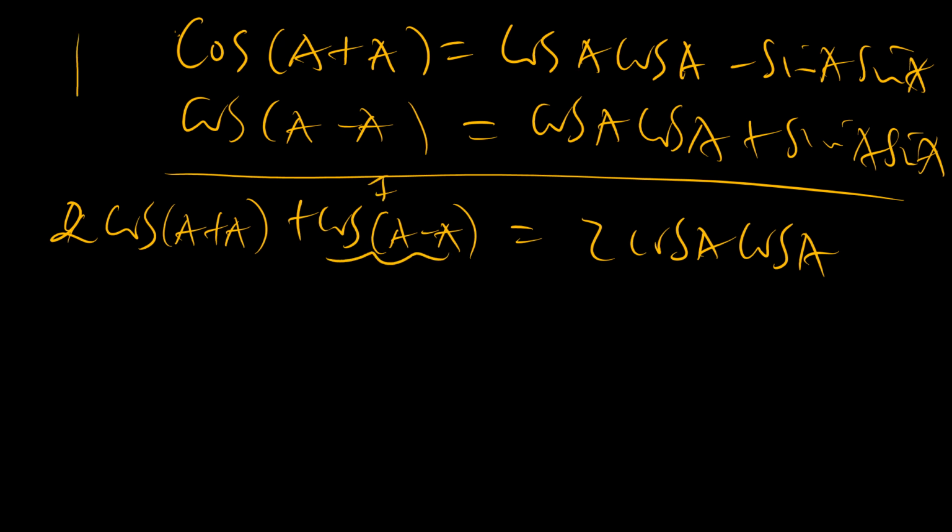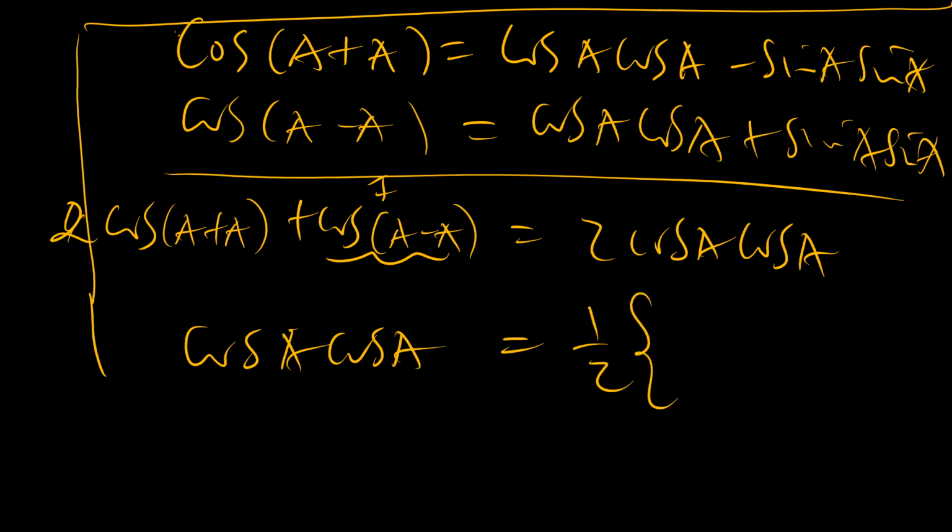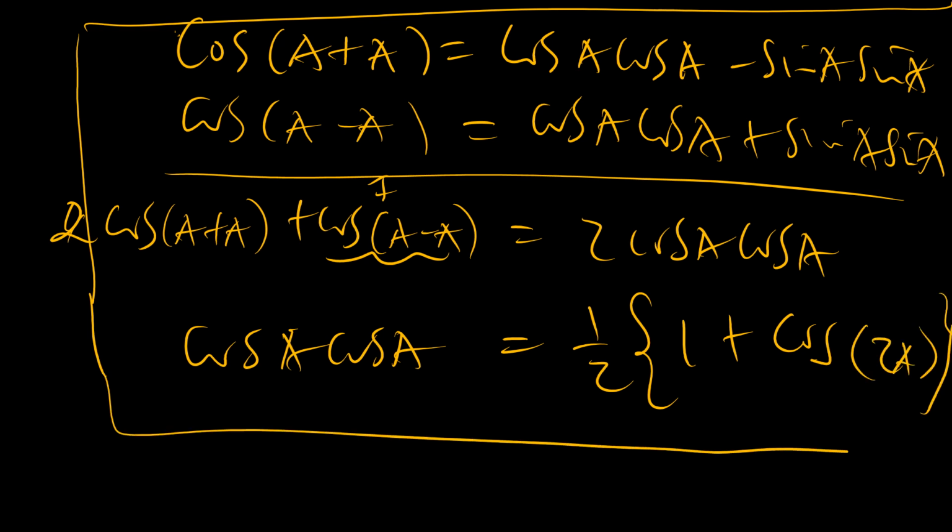And then divide through by 2. We are left with cosine squared a being equal to a half 1 plus cosine 2a. So this is an important expression that we're going to use.